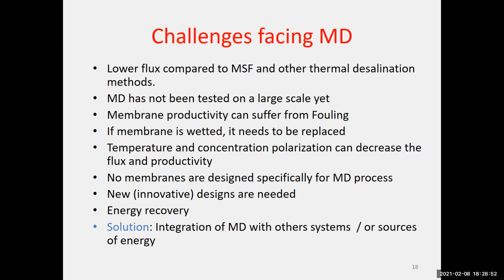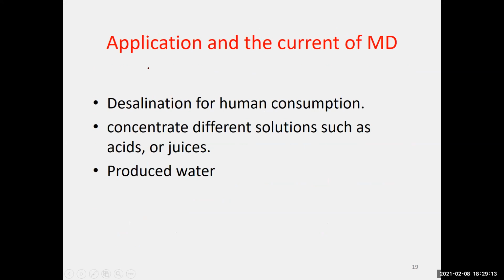There's something that we call concentration polarization or temperature polarization. These are parameters that reduce the productivity of a desalination system in general. When we talk about it here, we can look at the membrane surface.